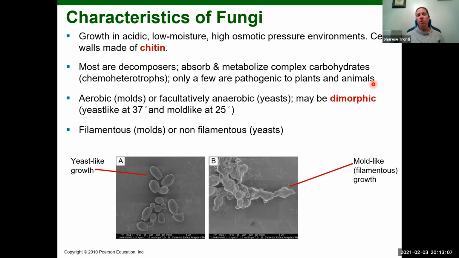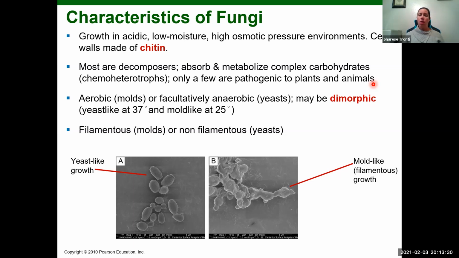But do note here that most fungi and most species in general are not pathogenic towards humans. Quite a lot of them are beneficial or have no effect on humans. So do keep that in mind. Most fungi are actually decomposers, so it's very important for the environment.